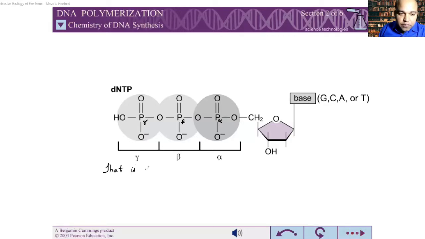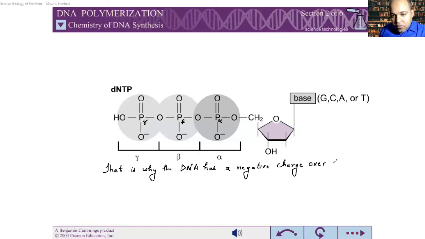Why does it have a negative charge? It has a negative charge because of the presence of these phosphate molecules that carry a negative charge.